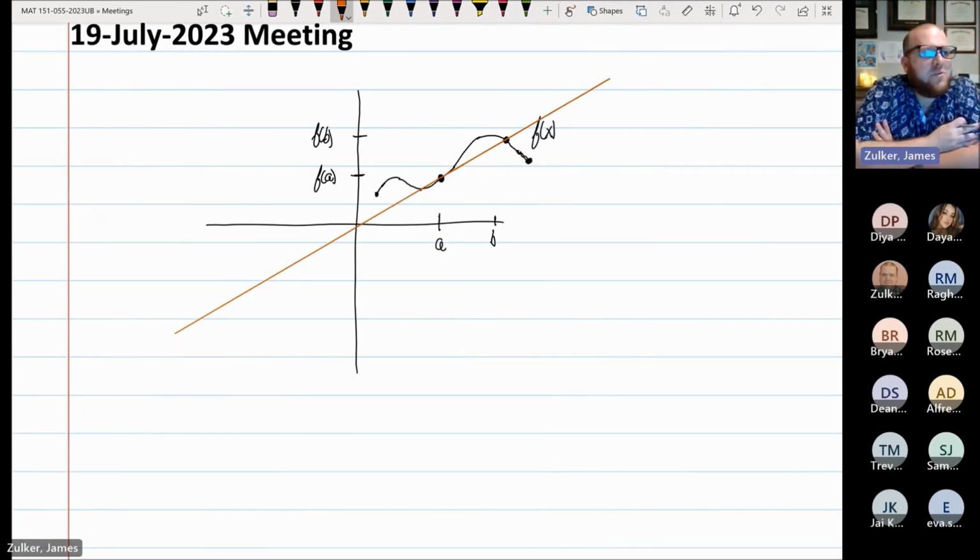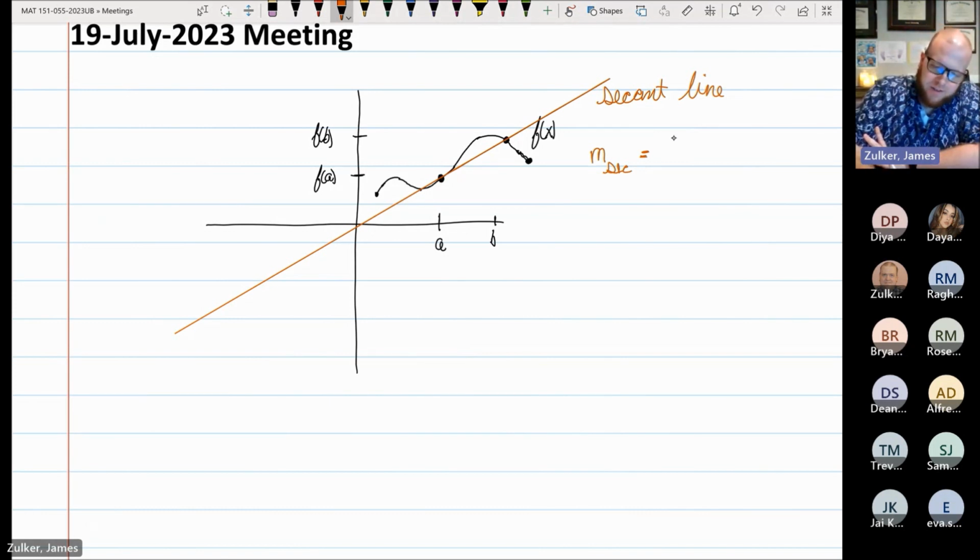This line that passes through those two points is called a secant line. And so the slope of the secant line, right? Remember rise over run?